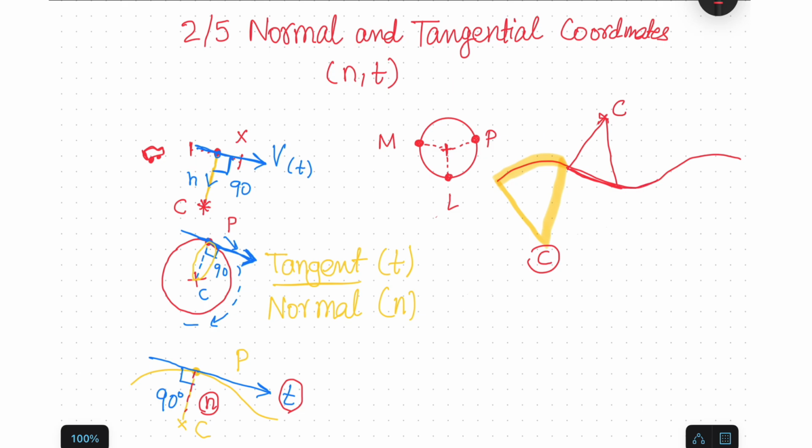For this segment, the center can be at this point. For this segment of the curvilinear path, the center can be here. So in conclusion, we can say that a curvilinear path does not have a fixed center. It depends upon the segment of the curvature.